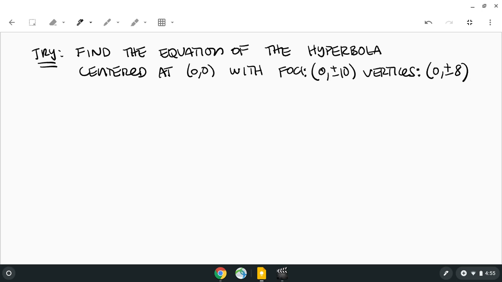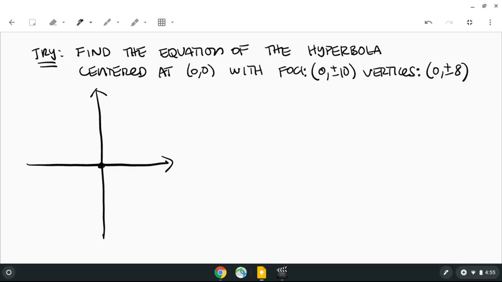So again, start with graphing all the information first. Go ahead and hit that pause button and see if you can get this one right. Okay, center at 0, 0, focus point at 0, 10.